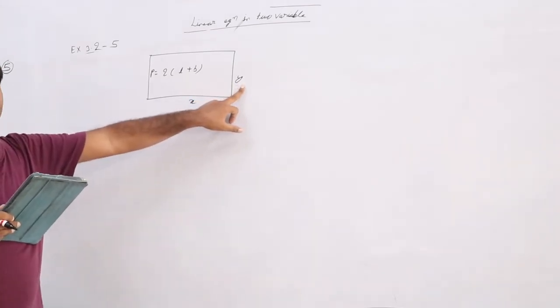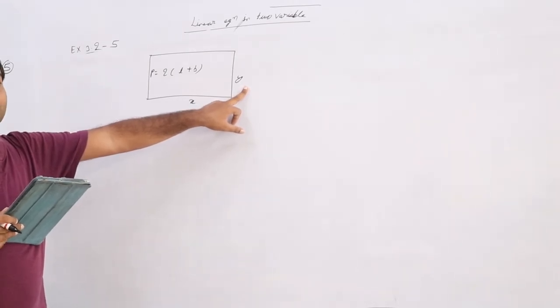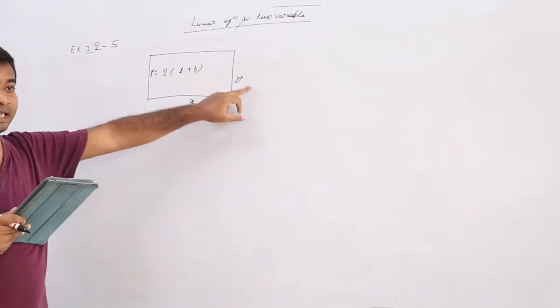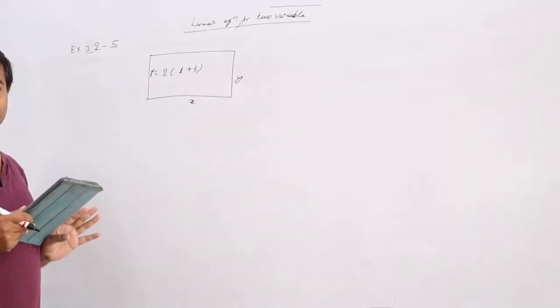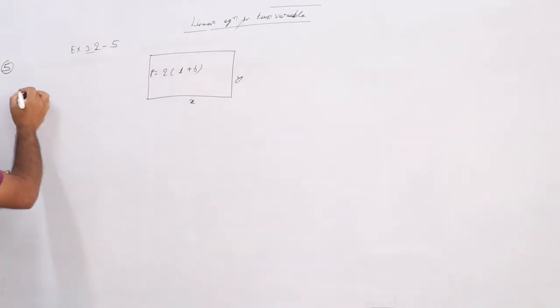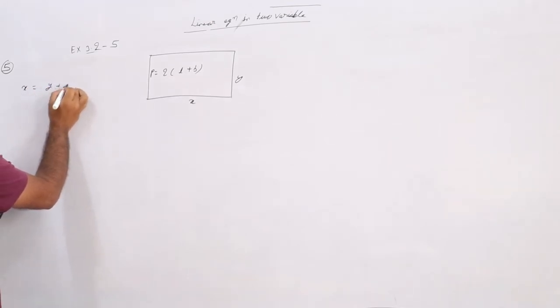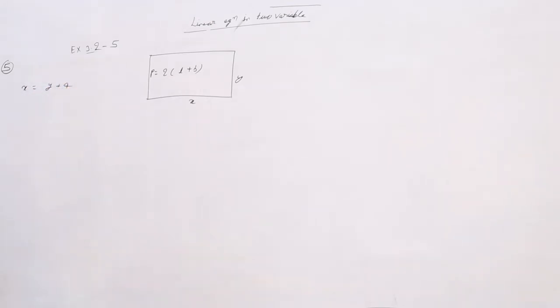So what is it saying, 4 meter more? Length or breadth? Length is 4 meter more than breadth. So to which one will you add 4? Breadth, yes, correct. So x is equal to y plus 4.